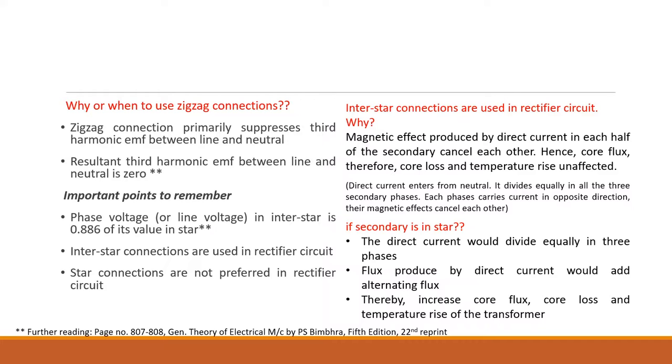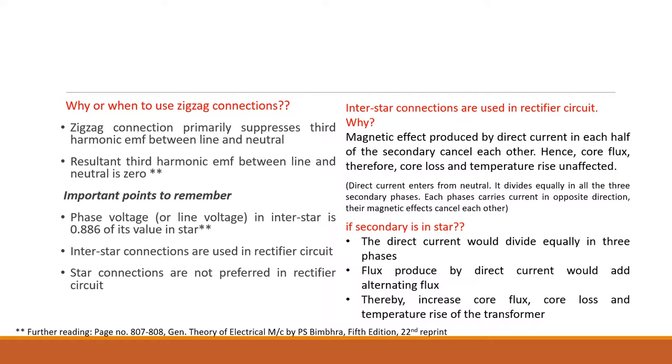It may get damaged, maybe melting is possible. So there is short circuit between the windings. If short circuit between windings is there, ultimately it may burn, or it will be considered as a fault. So in order to avoid that, the secondary is not connected in star when you are using a rectifier circuit.